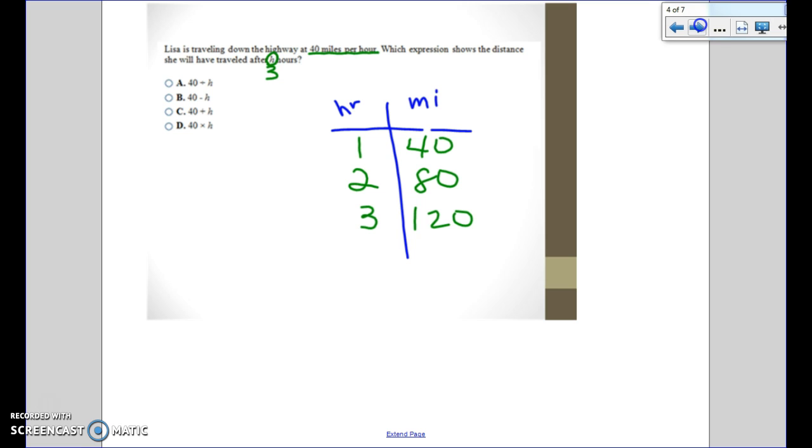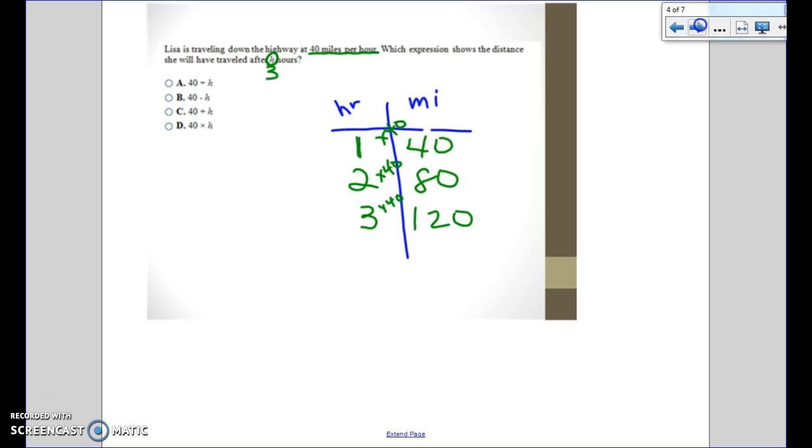So let's think about this. I could figure out how many miles she's gone after 3 hours. But what's the relationship here between the 1 and the 40, the 2 and the 80, and the 3 and the 120? Well, to Mr. Gillum, I see a pattern here that we're multiplying by 40, multiplying by 40, multiplying by 40, and we're getting to the next number. So that's what I'm going to do.